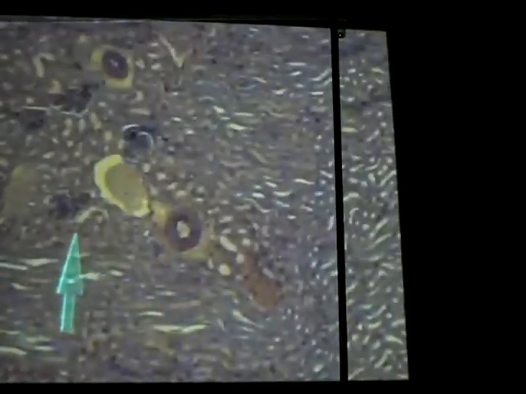Then if we move to our medulla, let's go back and look for it. Notice here you can see the transition from the cortex into the medulla. It's at that boundary that you're going to find your arcuate artery and vein. Remember I said they're usually running together.